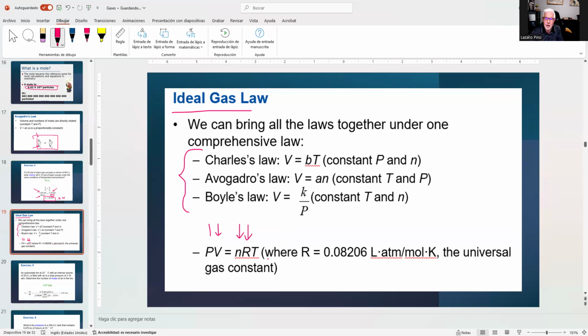The constant of gas can have this value if we are going to work in liters atmosphere. If we are going to use Pascal, well, there is another constant. If you're going to use torr, you're going to have another number here.